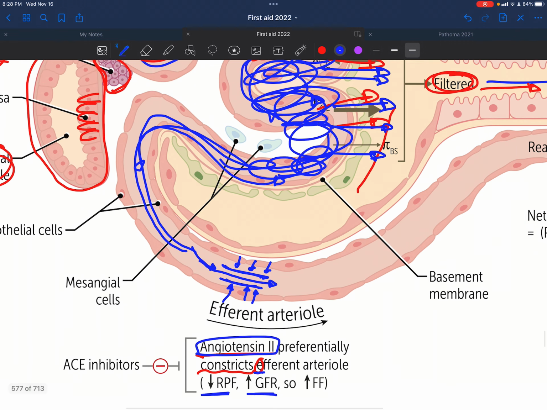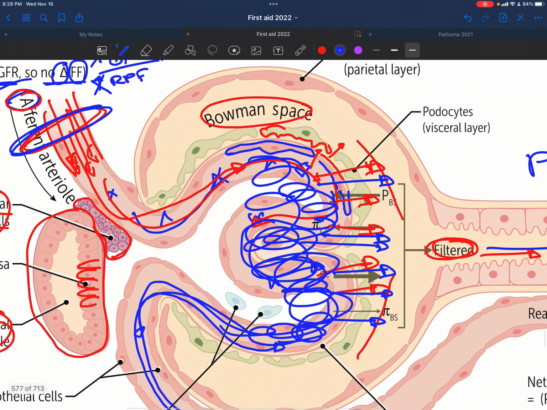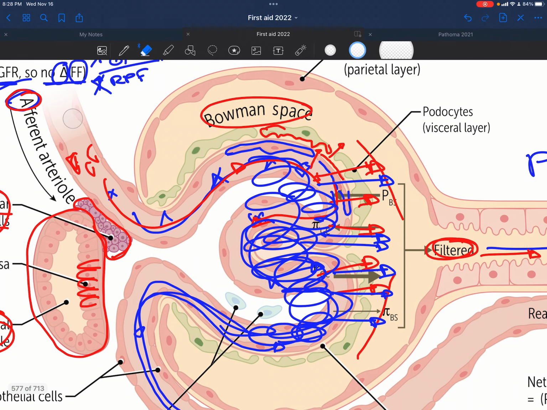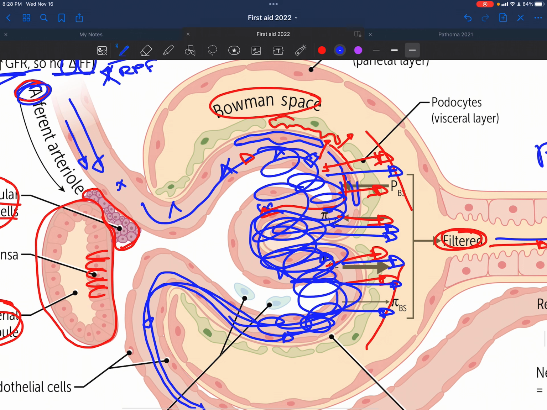But the blood is still coming into the corpuscle fine, because angiotensin does not affect the afferent arteriole.